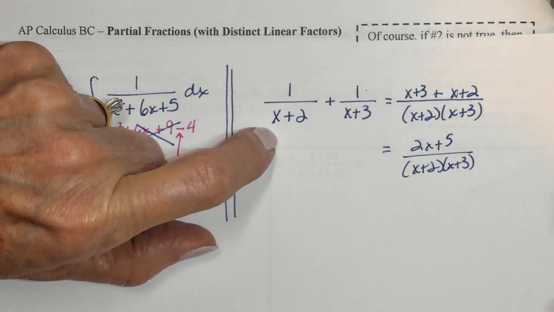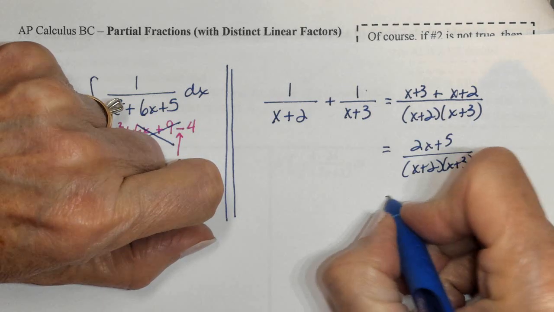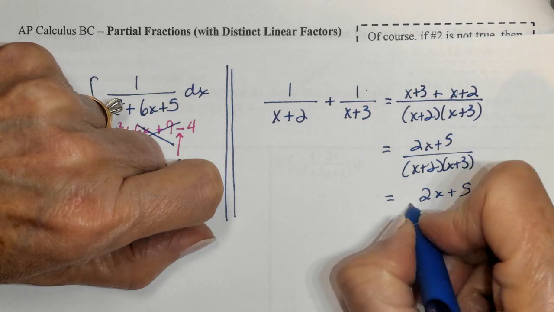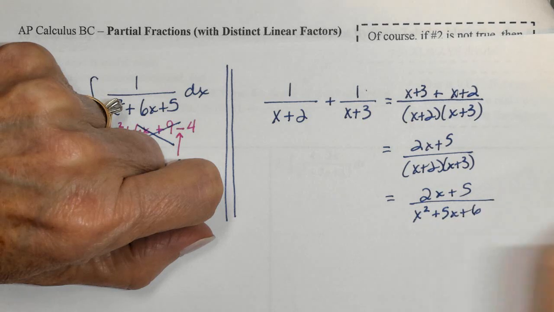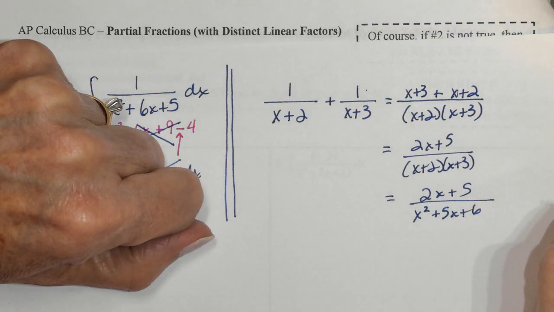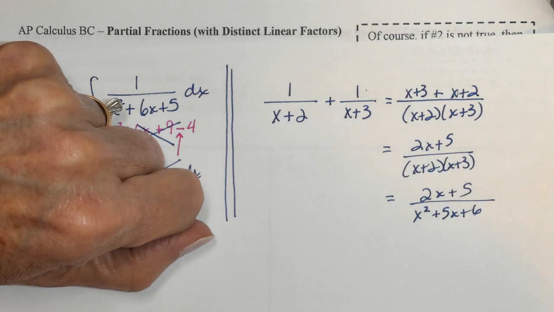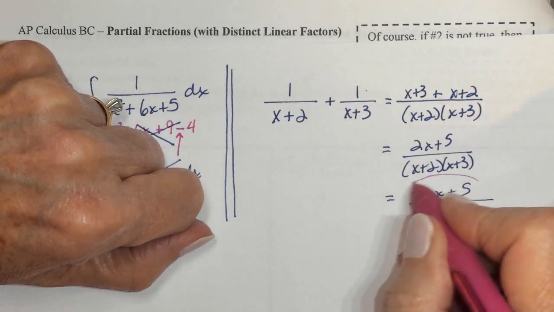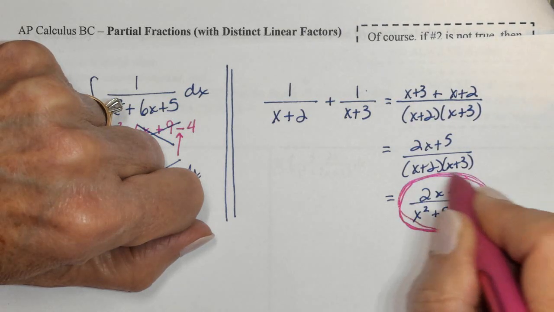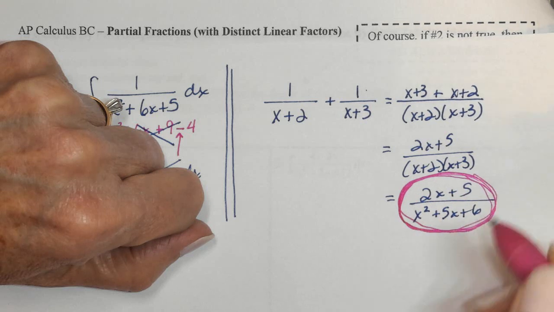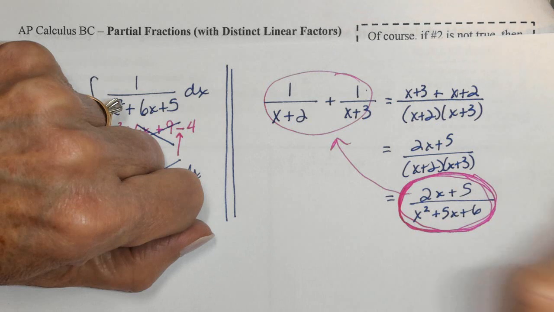Add rational expressions together. So if we multiplied out the denominator, we would get that, right? So that's all well and good when we're adding rational expressions together. The problem is, not the problem, but observe that if we started with this, what does it take to get back to this?